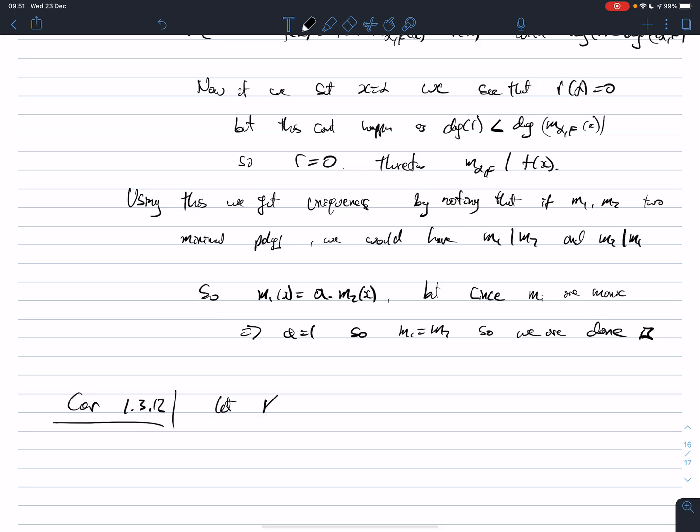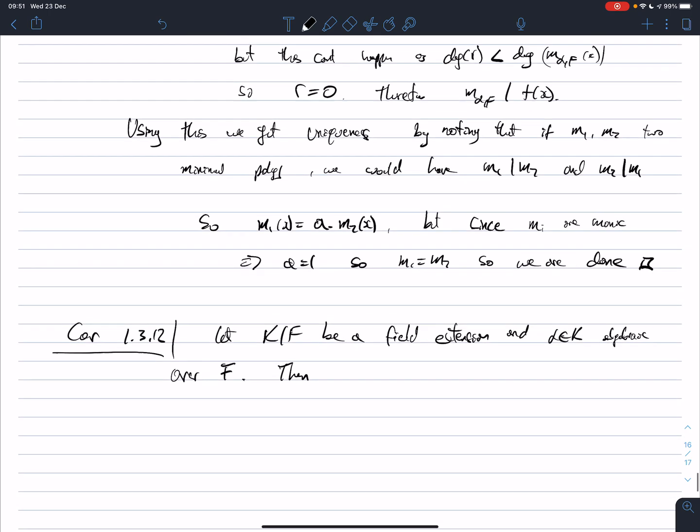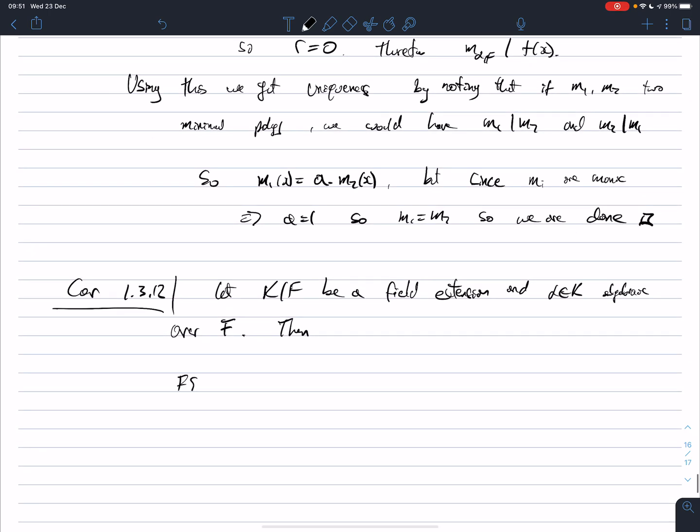Let K over F be a field extension, and alpha in K algebraic over F. Then we have F[x] divided by the ideal generated by its minimal polynomial.